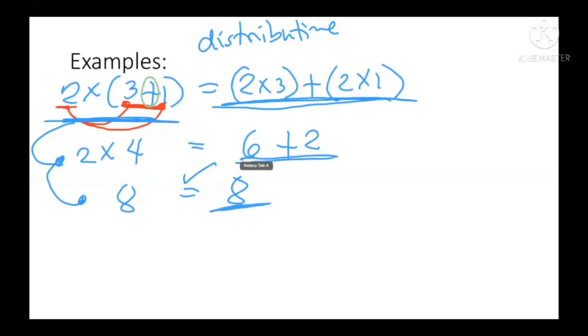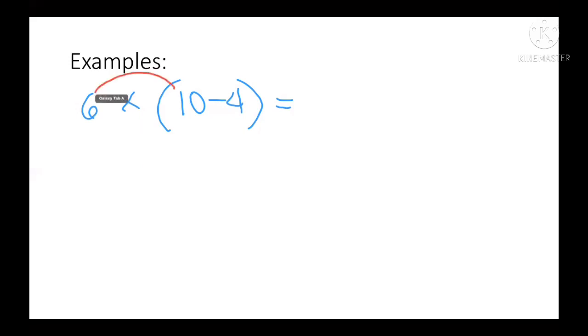Okay, again, you just need to distribute the number inside the parentheses or bracket. Okay, one more time so for you to understand it more. 6 times (10 minus 4). Let us distribute 6. Let's start with 6 times 10.